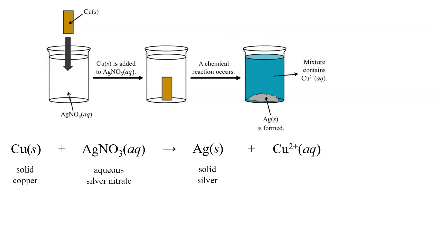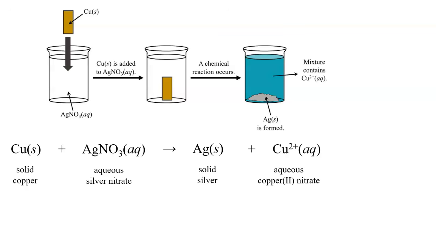What's in that beaker at the end of the experiment is not only copper 2 plus ions dissolved in that solution, but also the nitrate ions are still present, dissolved in that solution at the end of the experiment. So I'm going to write the formula of the product copper 2 nitrate.